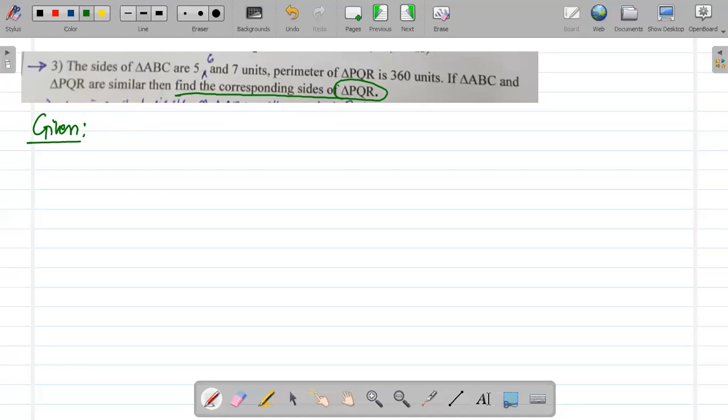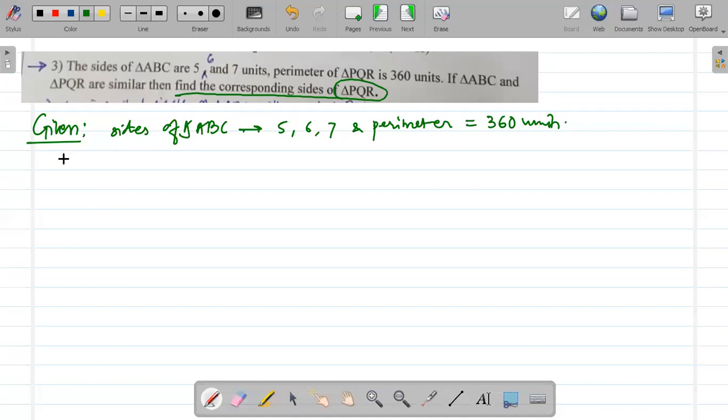We are given that the sides of triangle ABC are 5, 6, 7, and the perimeter is given to be 360 units. What are we asked to find? We are asked to find PQ, QR, and RP.